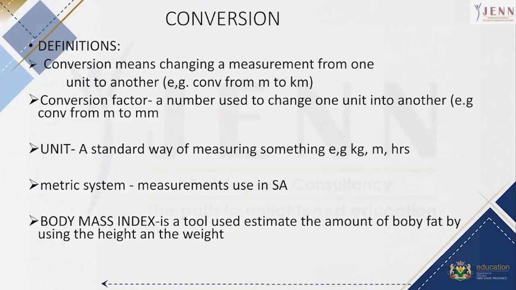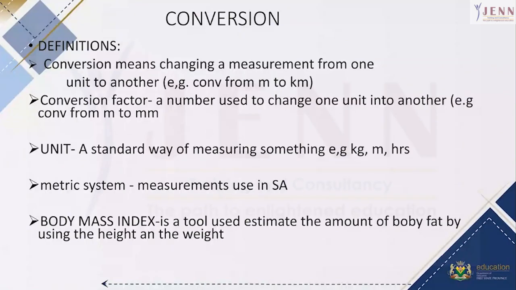Okay. And then we go to definitions now. What is conversion? We all know that conversion is changing a measurement from one unit to another. For example, like I said, we can convert grams to kilograms. Then again, we also have what we call conversion factor.